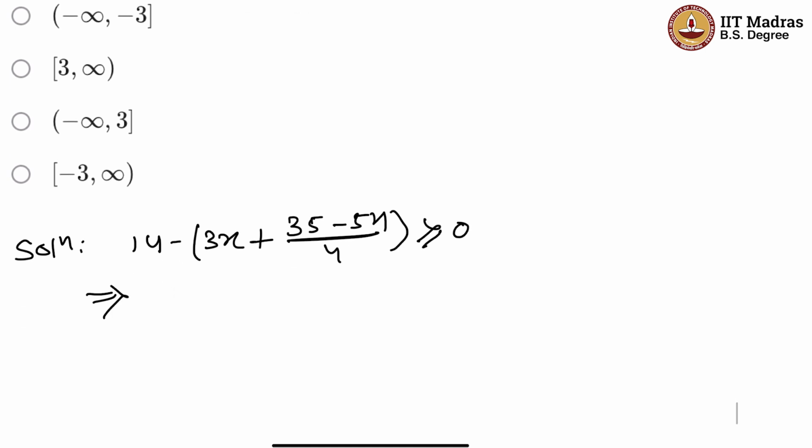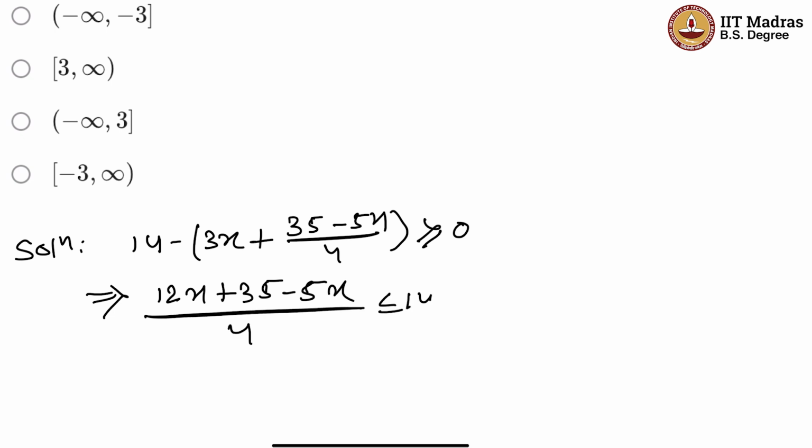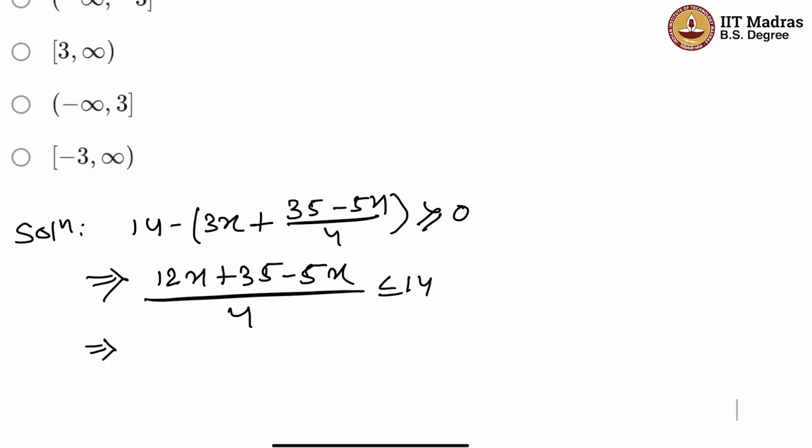That implies 12x + 35 - 5x is greater than or equal to 0 over 4, so 7x + 35 is greater than or equal to 0. Here we get 7x + 35 less than or equal to 14 times 4.